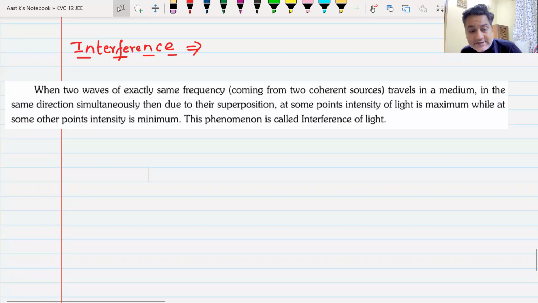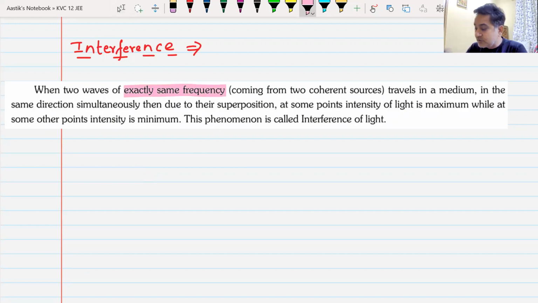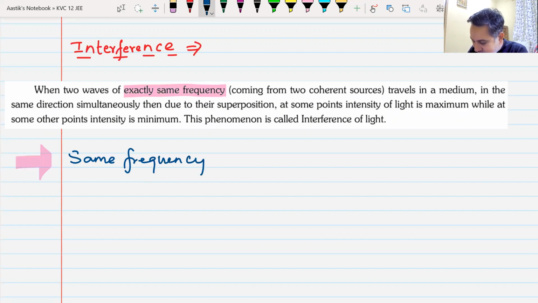So, what is interference? When two waves of exactly the same frequency, so the first point you must write is they must be of the same frequency. When I say same frequency, I mean the value of omega has to be the same.